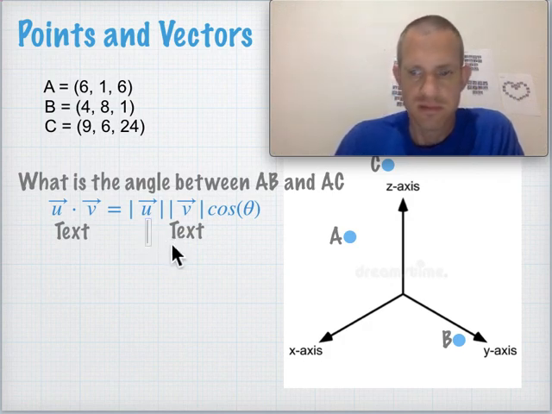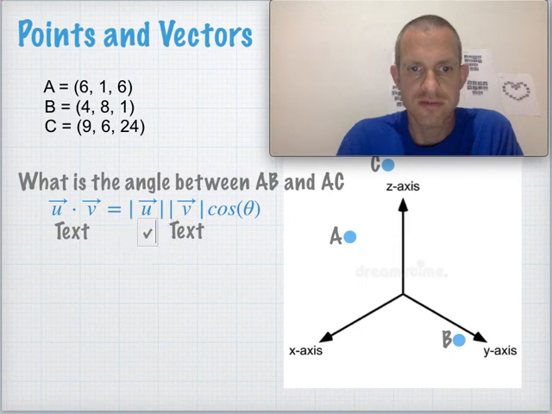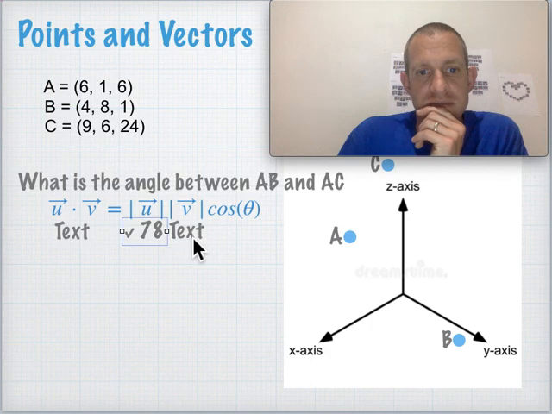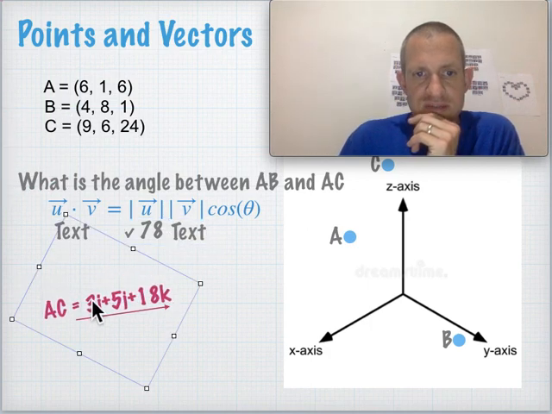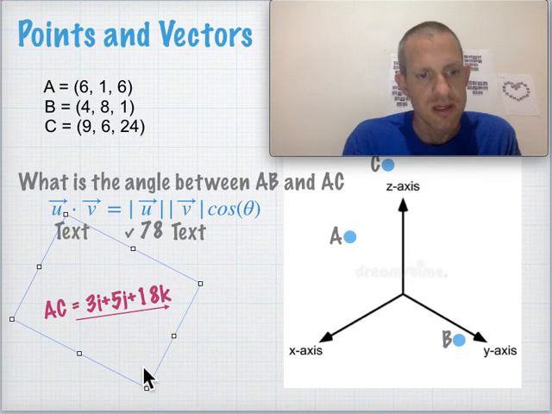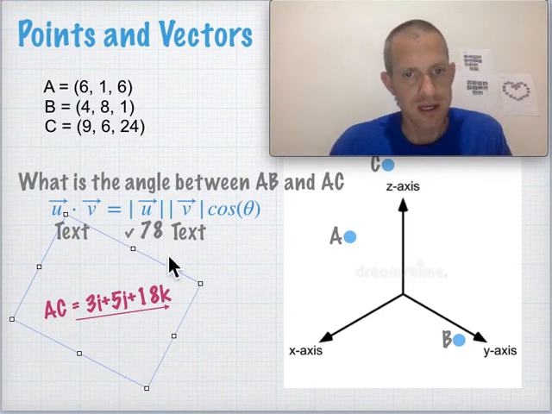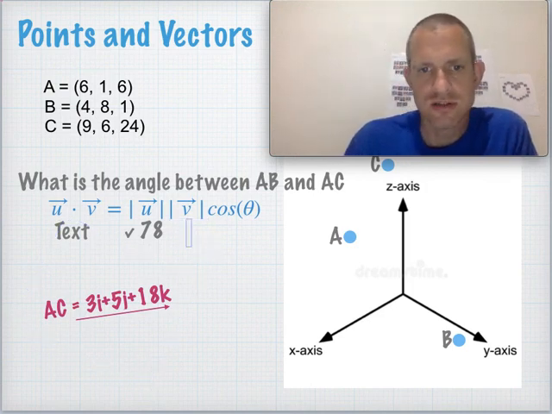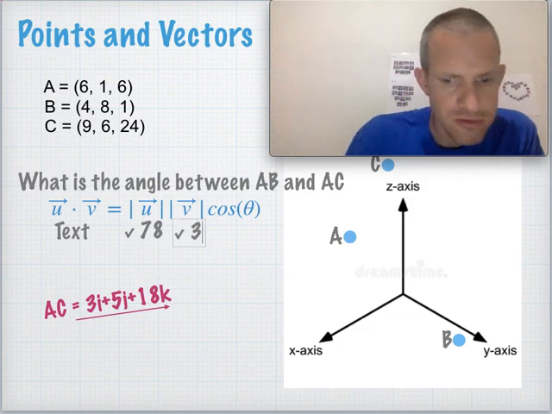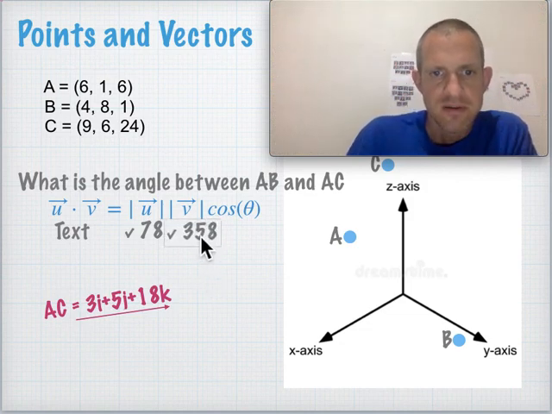Now let's find the length of AC, same thing. 3 squared plus 5 squared plus 18 squared is 358. I don't think that has a nice square root either, so I'll just write it as the square root of 358.